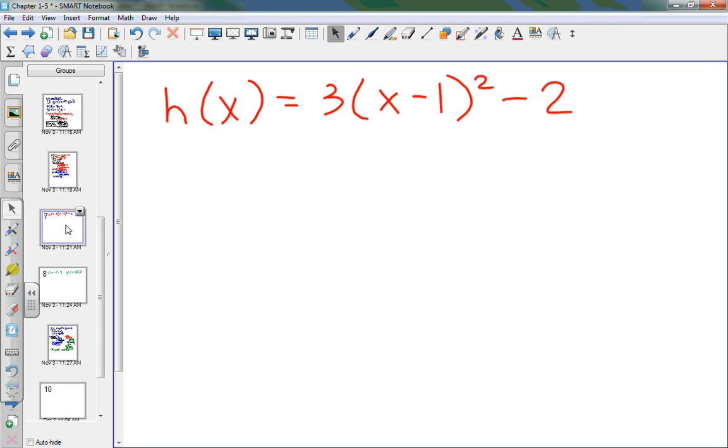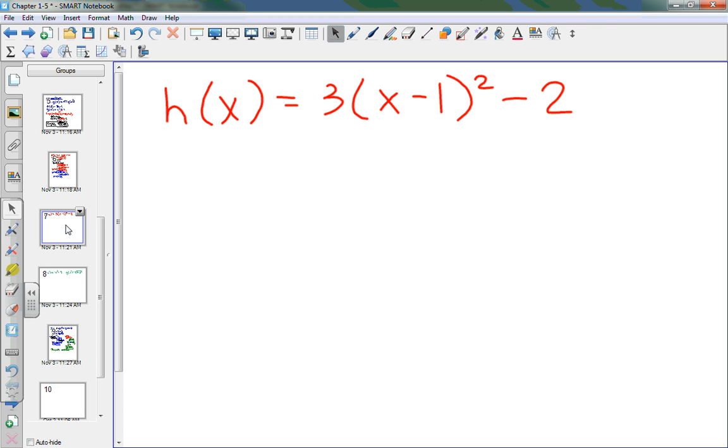Now for problems 1 and 2, are we listening? For numbers 1 and 2, find each of the following: f plus g, f minus g, f times g, f divided by g. So A, B, C, and D, you have to do all 4 of them, and then letter E says find the domain of f divided by g. So you only have to find the domain of the division.